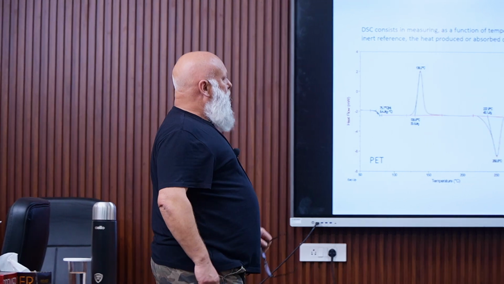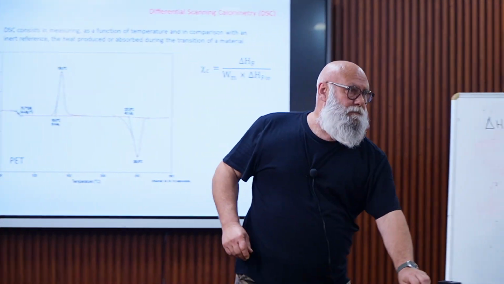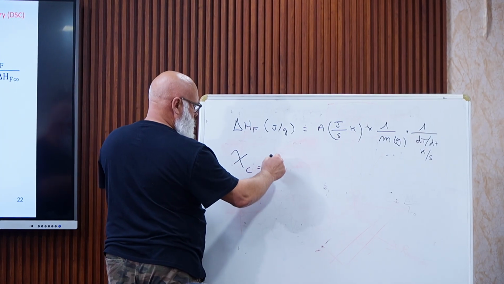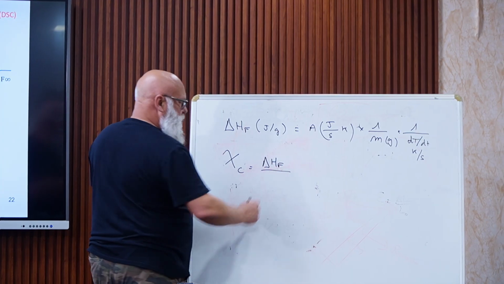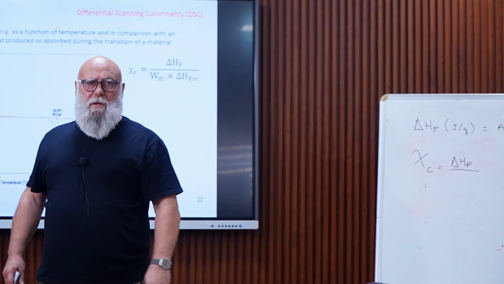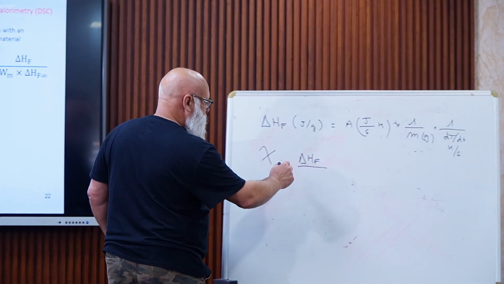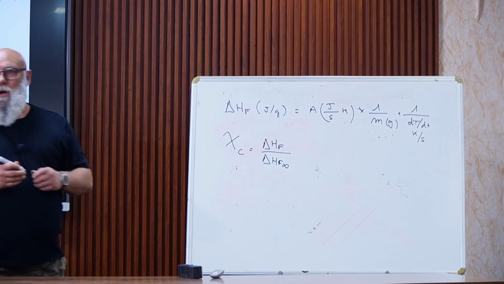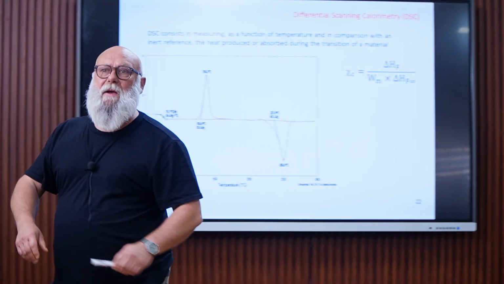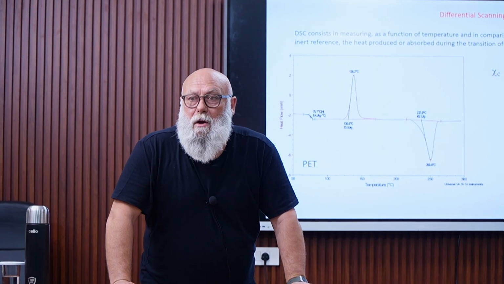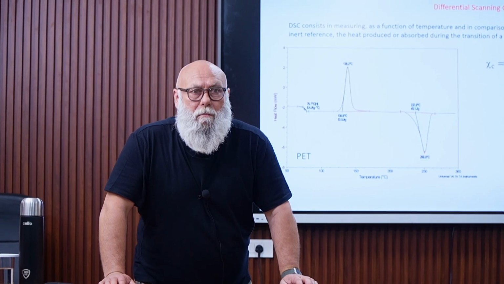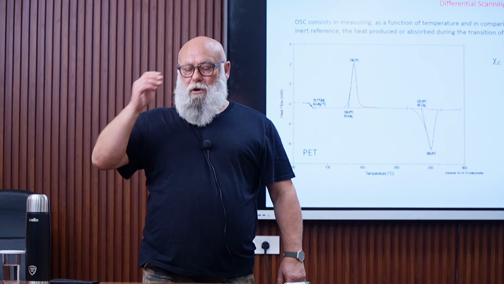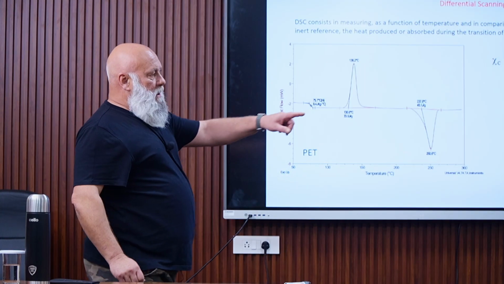Also, to determine the degree of crystallinity of the sample, the degree of crystallinity, Xc, is the ratio of the enthalpy of fusion divided by the enthalpy of fusion of what is called the perfect crystal. Perfect crystal is a 100% crystalline material. It cannot be experimentally determined, of course, but it can be obtained by extrapolation.